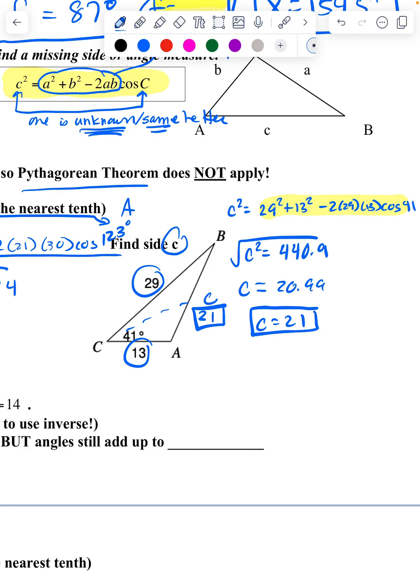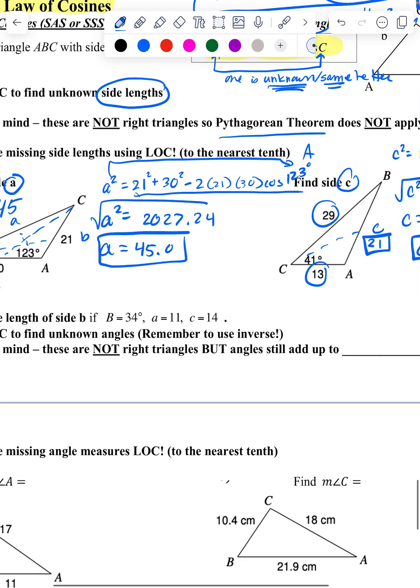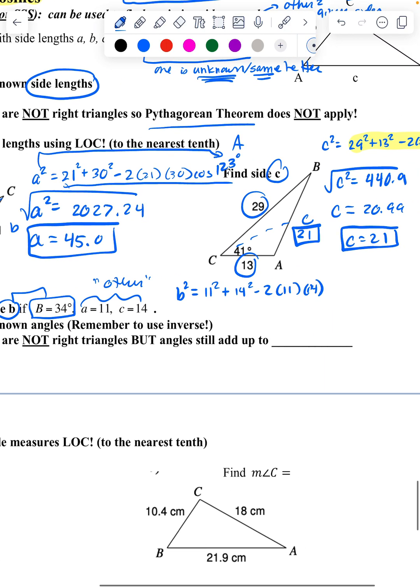So it's actually pretty easy to use in that manner. Here, this one's crammed in weird. Side B: if you know angle B, which is good because that's the pair at the beginning and the end, then these are my other two given sides. If I'm looking for B squared, I put that out front. Then I'll have the other two sides, 11 squared plus 14 squared minus 2 times 11 times 14. The 2, remember, is part of the formula.